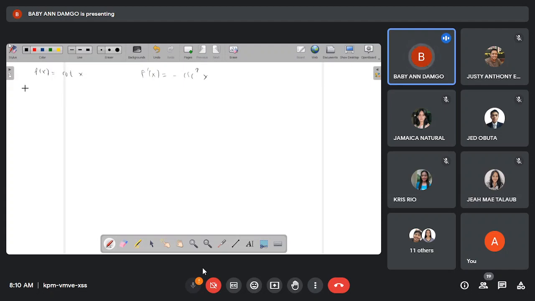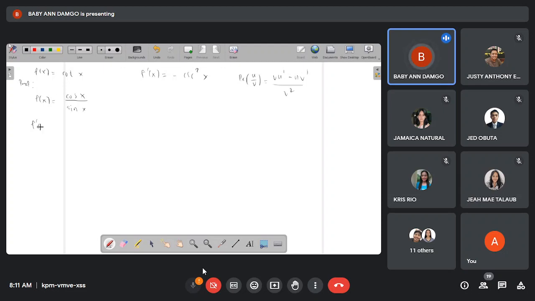Okay, so for the proof, kani, pwede na siya ma-convert into cosine x over sine x by the identity. So, diri, mag-apply na sa tao quotient rule. So, derivative sa u over v is vu prime minus uv prime all over v squared.